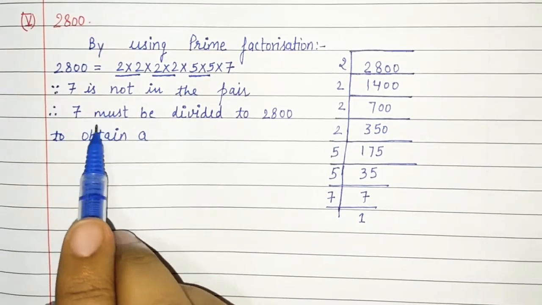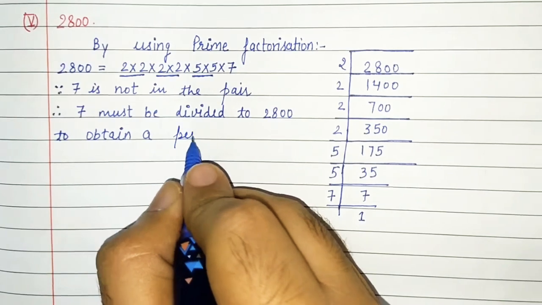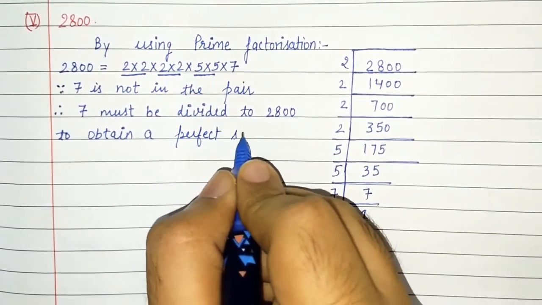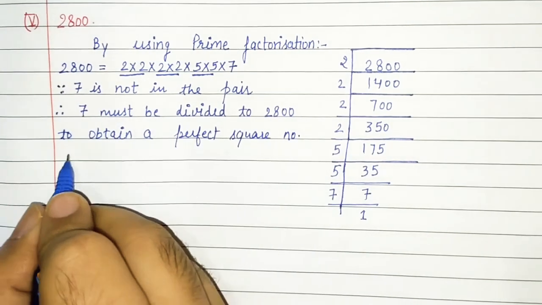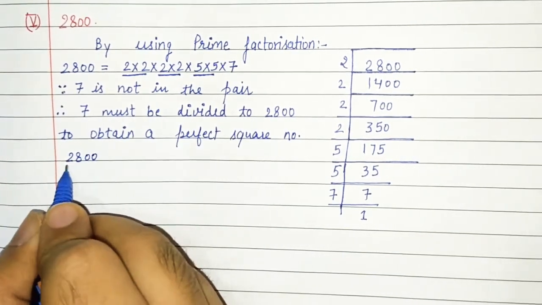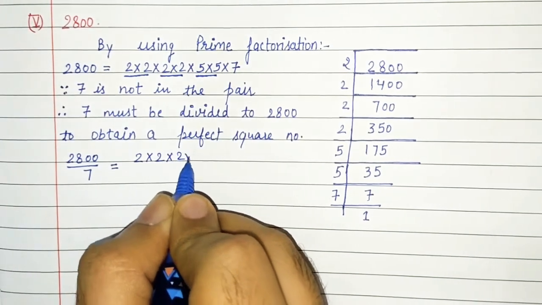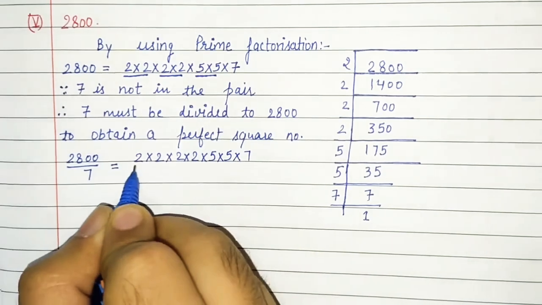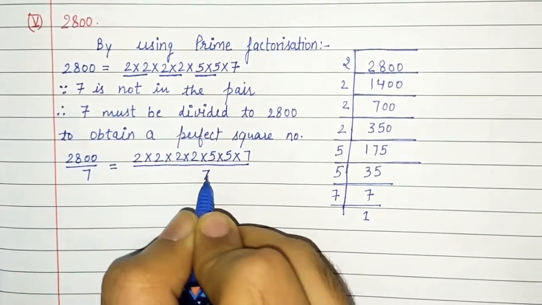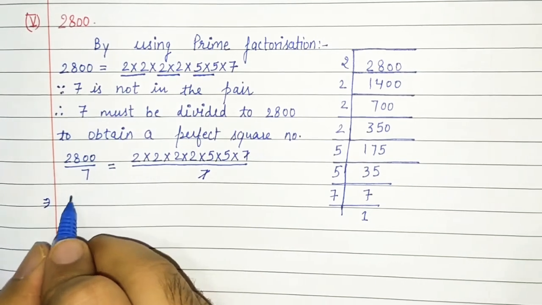Now 7 must be divided to 2800 to obtain a perfect square number. Okay, so divide with 7 both side. Here also divide with 7. 7 cancel out here, and if you do the division here, you will get 400.